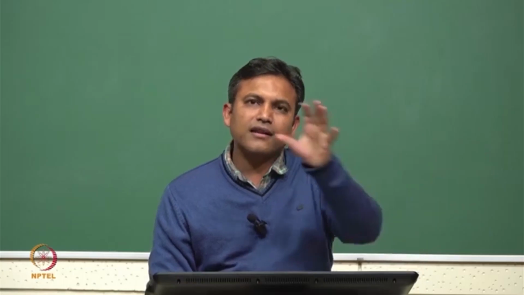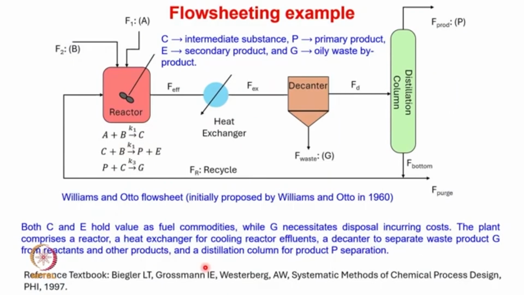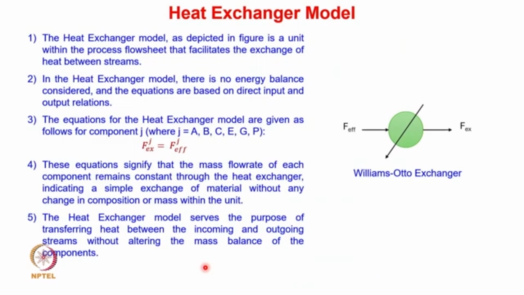Now let's move to another unit. Remember, after the reactor the next unit in the process flow sheet is a heat exchanger. So we will be looking at the equations with respect to the heat exchanger. The heat exchanger facilitates the exchange of heat between the streams. So you can see that the hot product stream coming out from the reactor is cooled down in the heat exchanger.